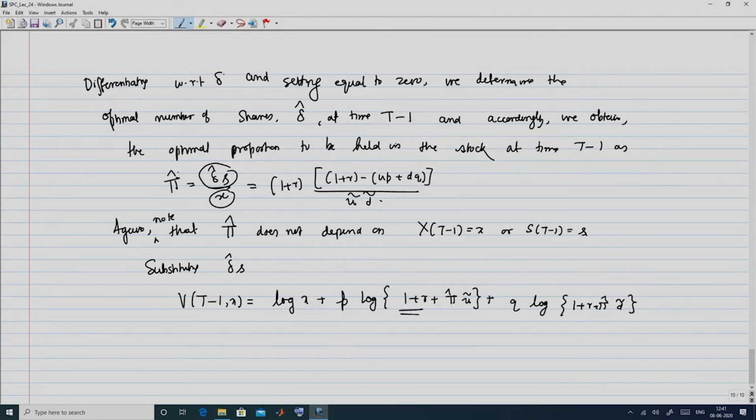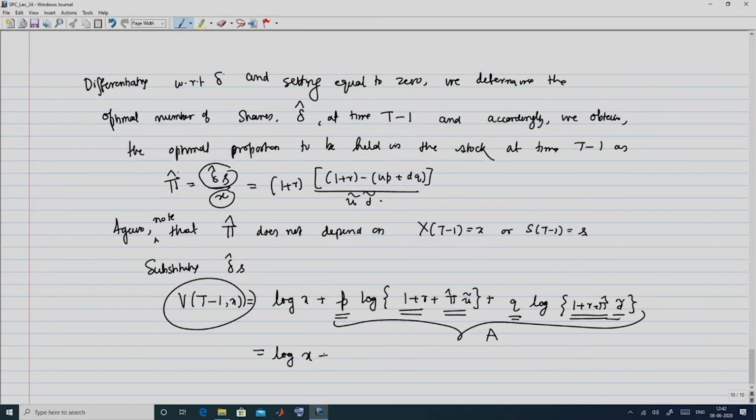Now, observe carefully here: 1 plus r and pi hat u tilde, as well as 1 plus r and pi hat d tilde, are known and depend on model parameters, and so are p and q. So this entire expression is going to be some constant a. Accordingly we get v of t minus 1 of x is equal to log of x plus a, where this a depends only on the model parameters.